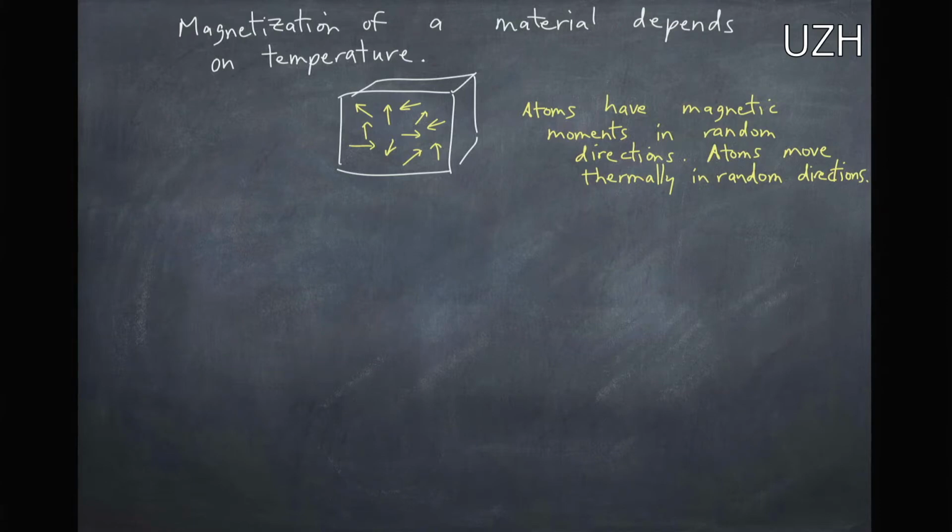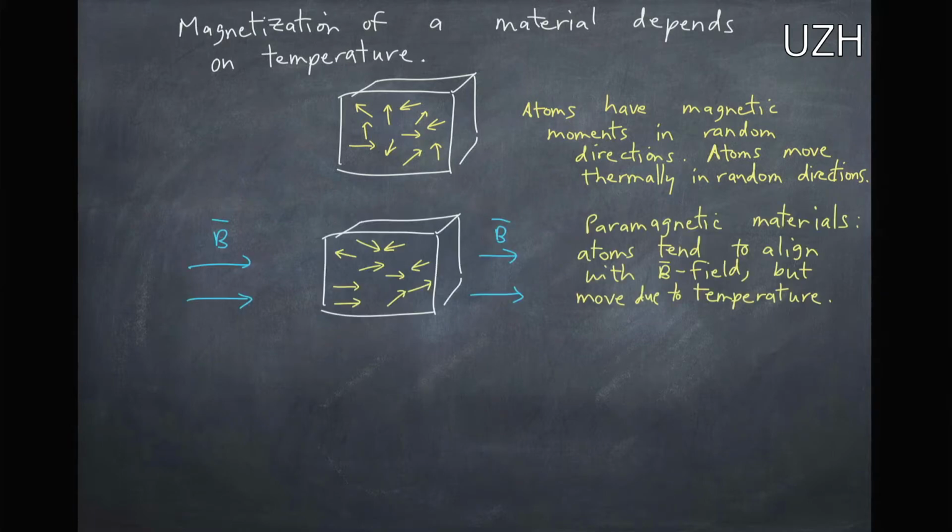So the magnetization of a material actually depends on the temperature. Atoms in a material are randomly oriented, and so the material doesn't appear to have any magnetization, and this is coming from thermal motion.